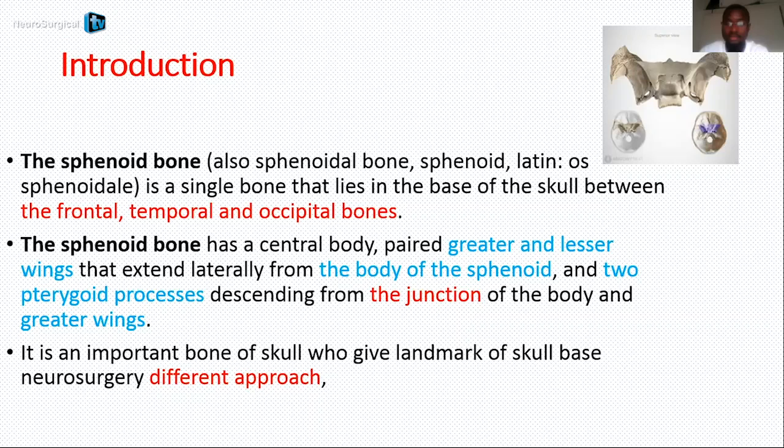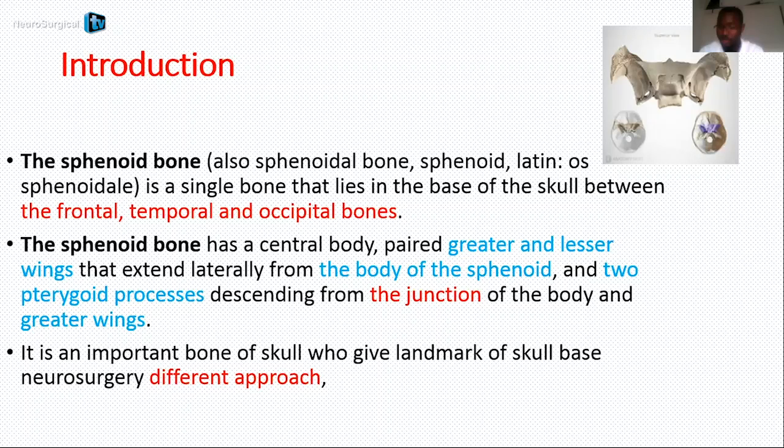The sphenoid bone has a central body and paired greater and lesser wings that extend laterally from the body, and two pterygoid processes descending from the junction of the body and greater wings. It is an important bone of the skull that gives landmarks for skull base neurosurgery and different approaches. All neurosurgeons in the world have to know the landmarks this complex bone gives in neurosurgery.